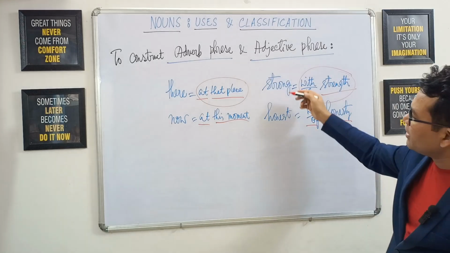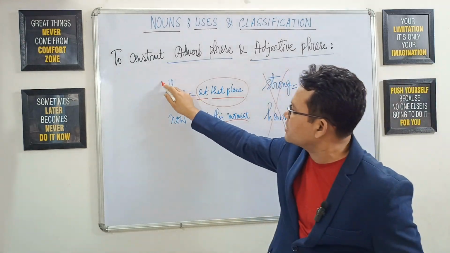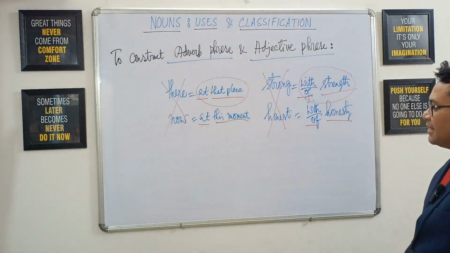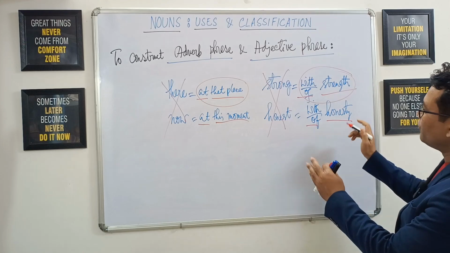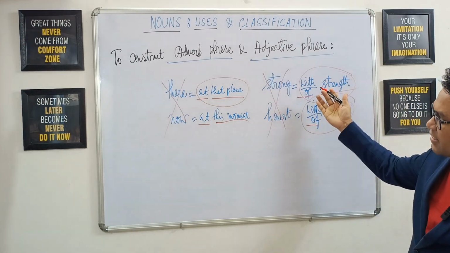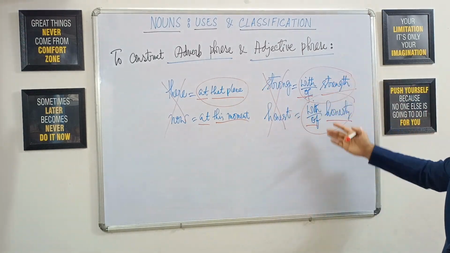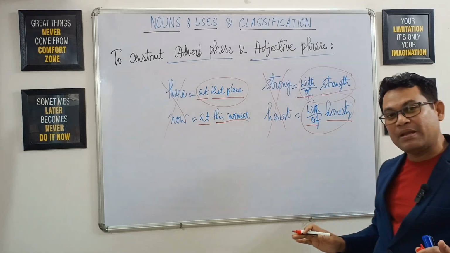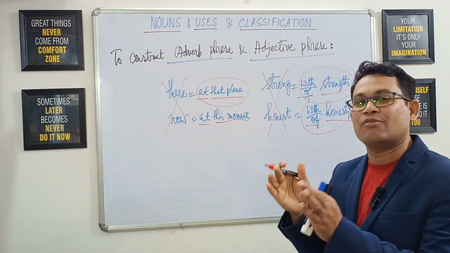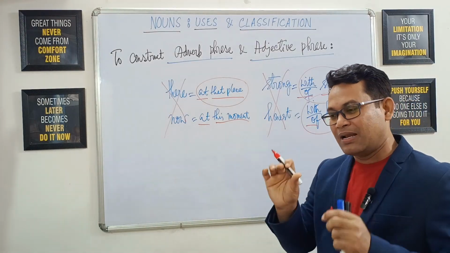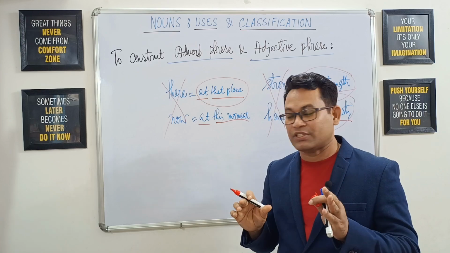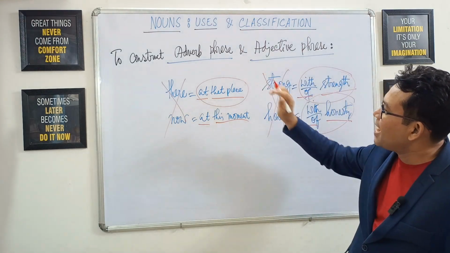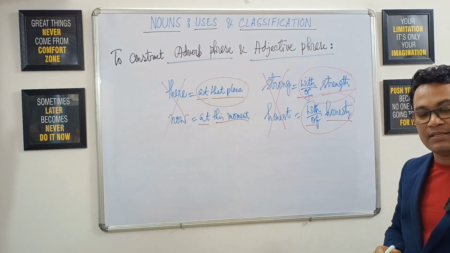That means if we even ignore these adverbs and adjectives, we are left with phrases, adverb phrases and adjective phrases where the combination is preposition plus noun or noun phrase. So noun or noun phrase can be used effectively to frame adverb phrase or adjective phrase.